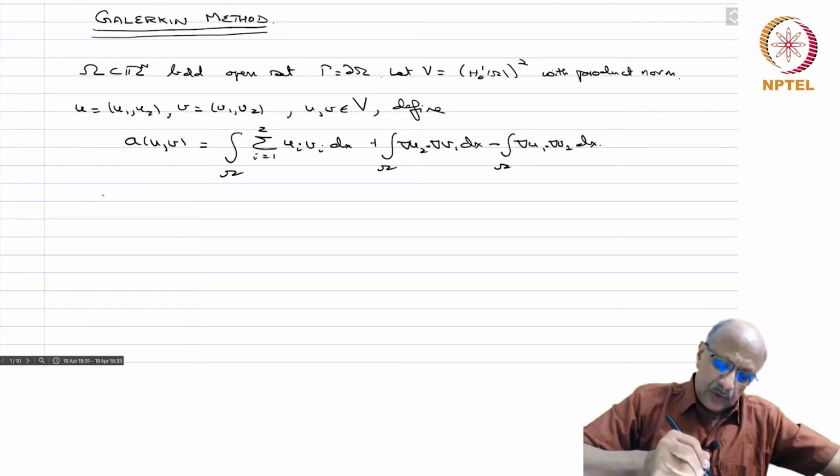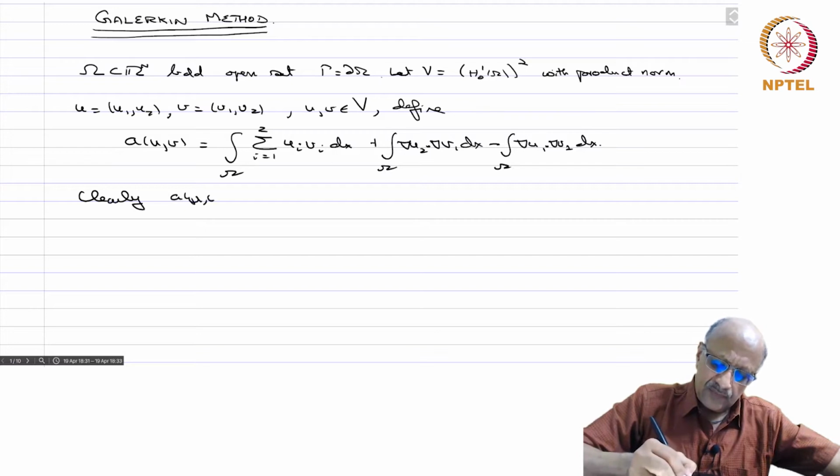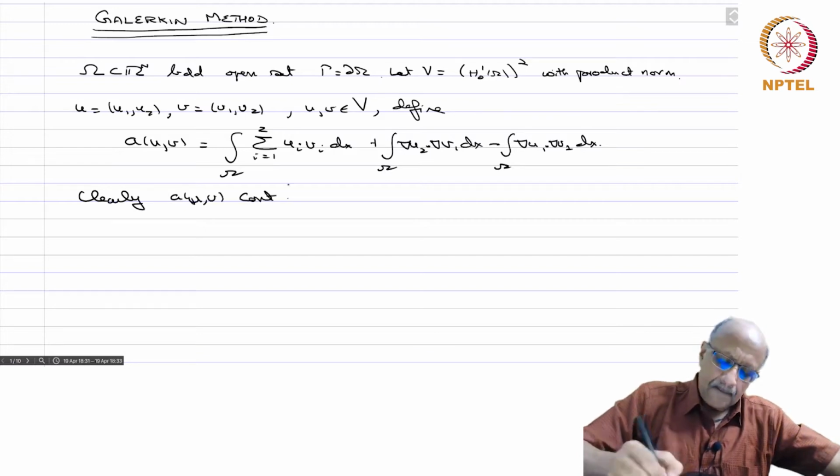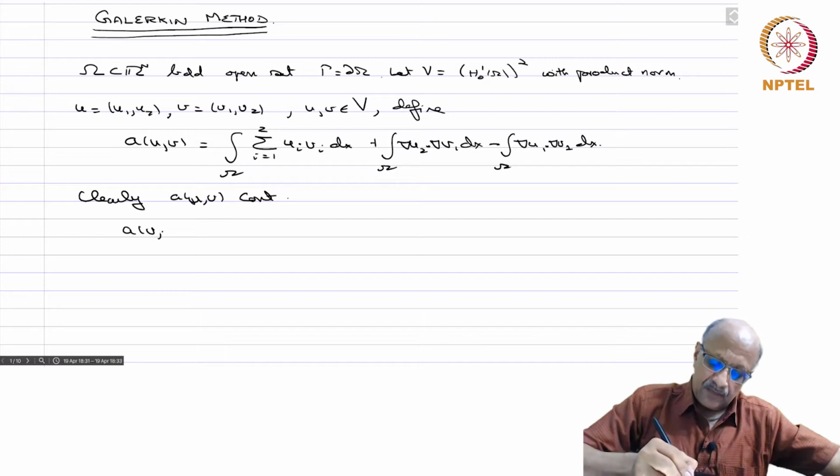Okay, so clearly by the Cauchy-Schwarz inequality a(u,v) is continuous. But look at a(v,v).